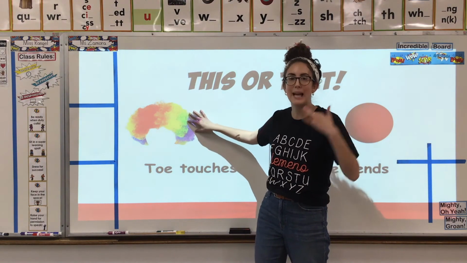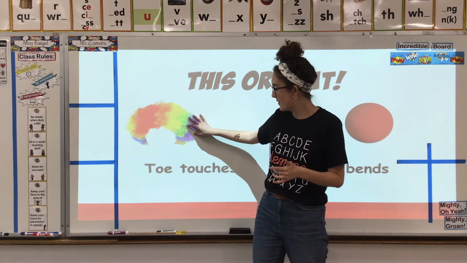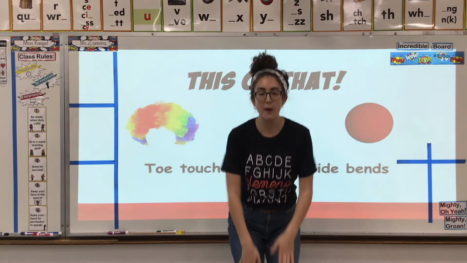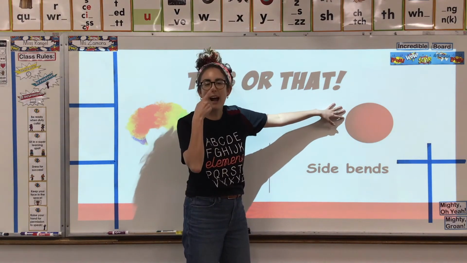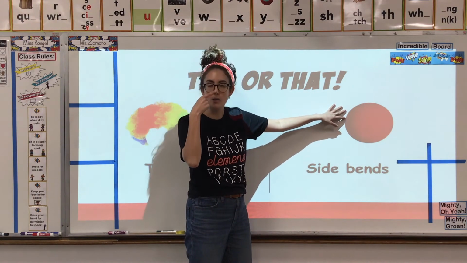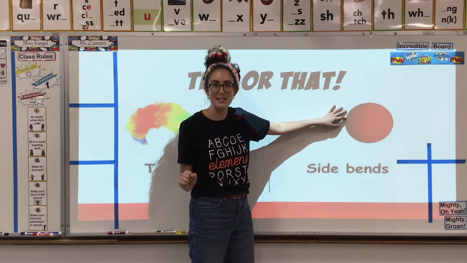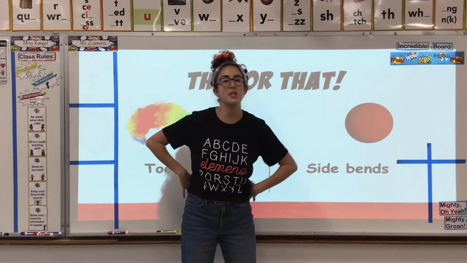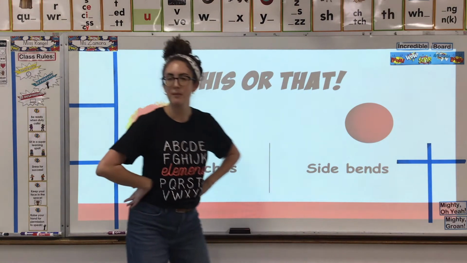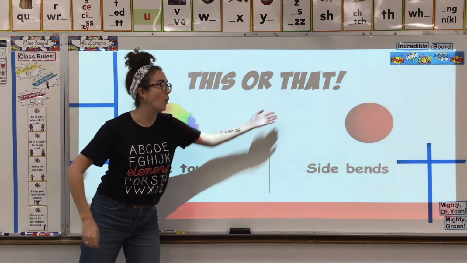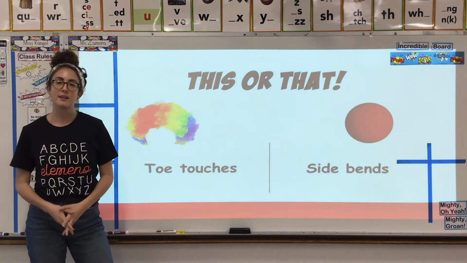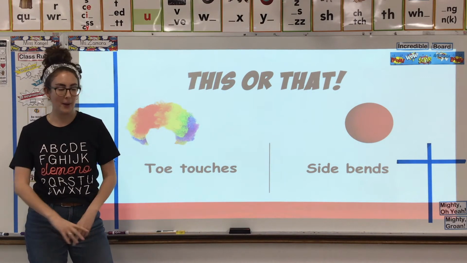You have to wear a clown wig every single day. If so, you're going to do 5 toe touches. Or would you rather wear a clown nose every day for the rest of your life? If so, you're going to do side bends. What would you choose? A clown wig or a clown nose for the rest of your life?